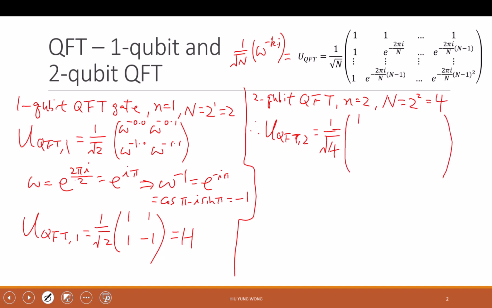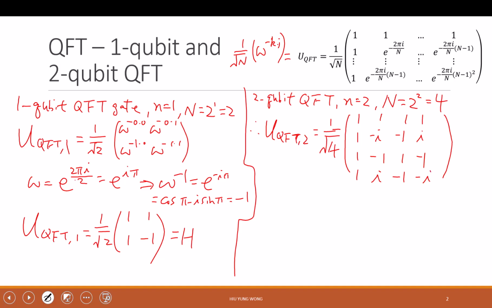I'm sure the first row is 1, 1, 1, 1, because they're all omega to the power 0. And the entries are: 1, 1, 1, 1; 1, i, negative 1, negative i; 1, negative 1, 1, negative 1; 1, negative i, negative 1, i.